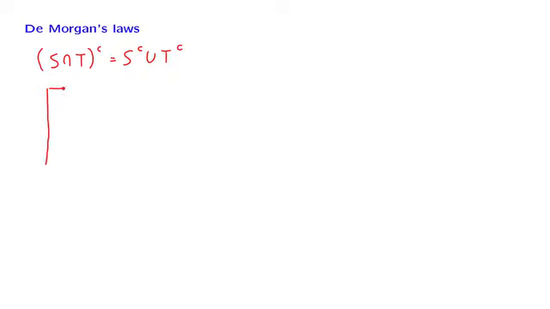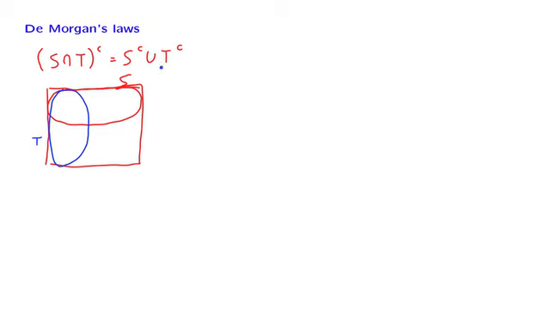We have our universal set. Inside that set, we have a set S, which is this one, and we have another set T, which is this one. Let us look at this side. The complement of S is this part of the diagram.